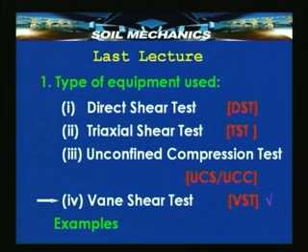Out of those, we had discussed in detail the direct shear test, triaxial shear test, unconfined compressive strength test, and in the just completed last lecture we saw in detail the Vane shear test and an example on how to determine the Vane shear strength from the results of a typical Vane shear test.